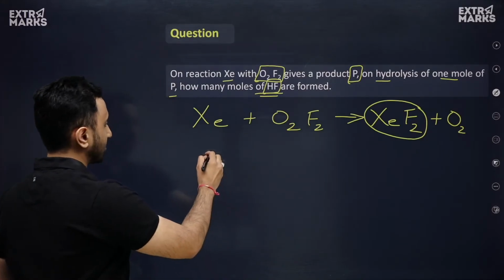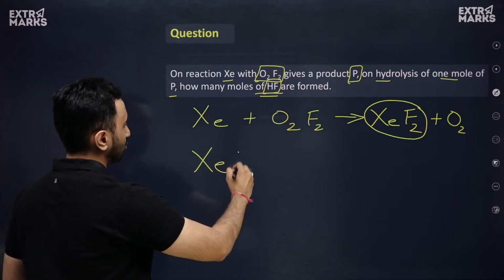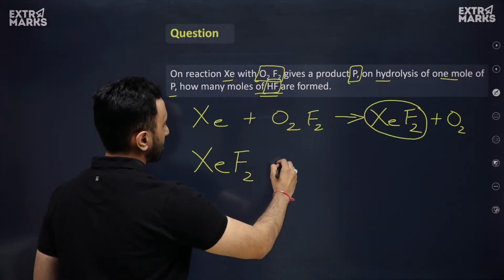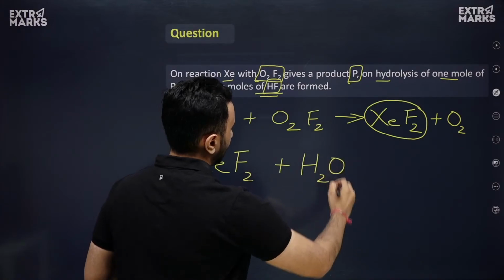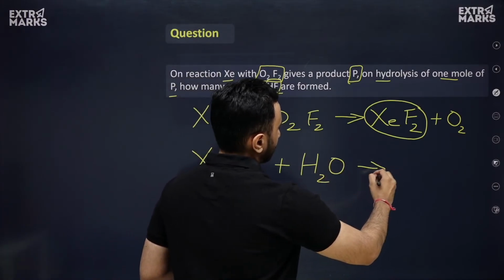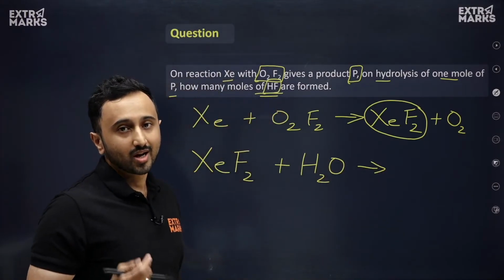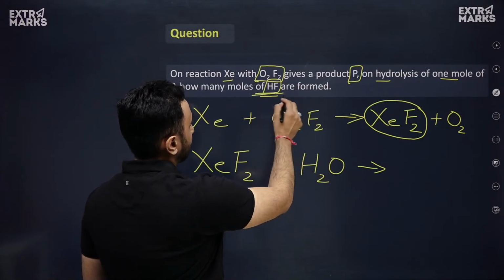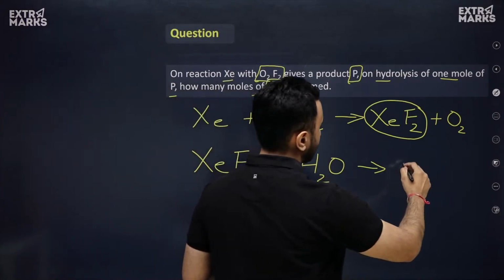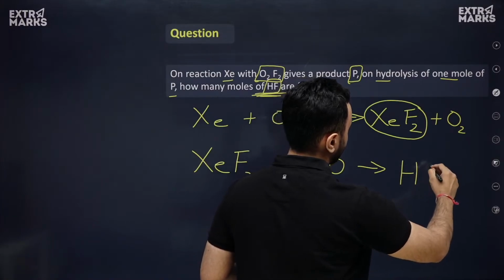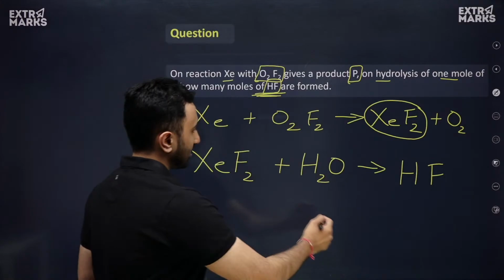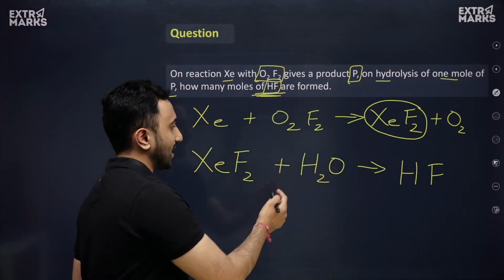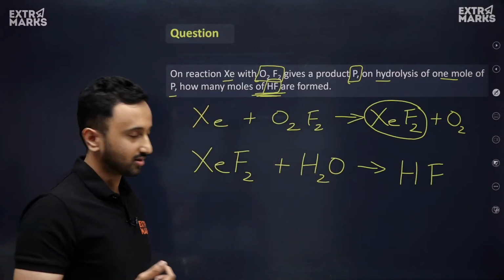Now the second reaction will be like this: XeF2 on hydrolysis, that means on reaction with H2O, it will form, what will it form? It will form HF, one of the compounds will be HF. Now, if you form HF, you only have Xe and oxygen gas.